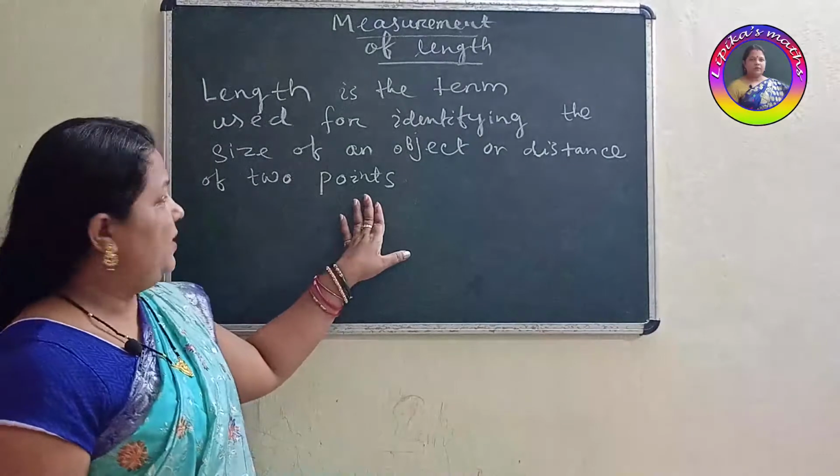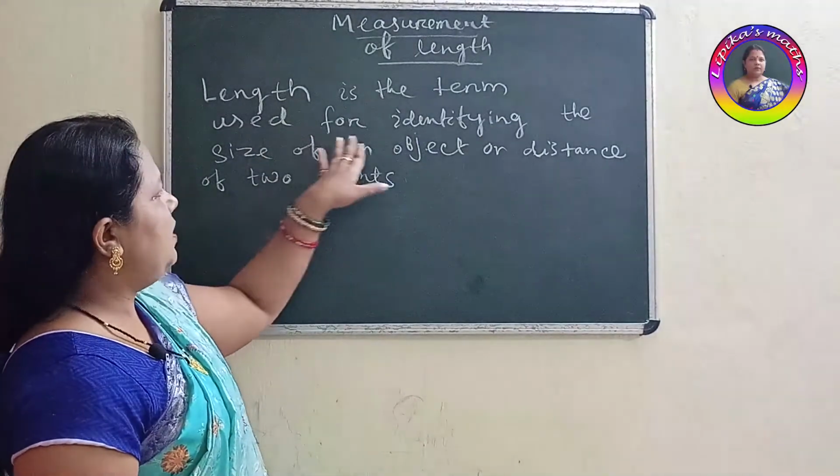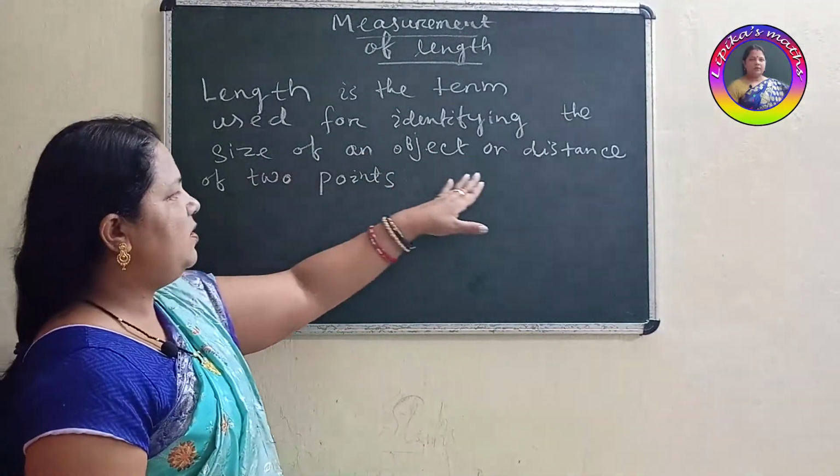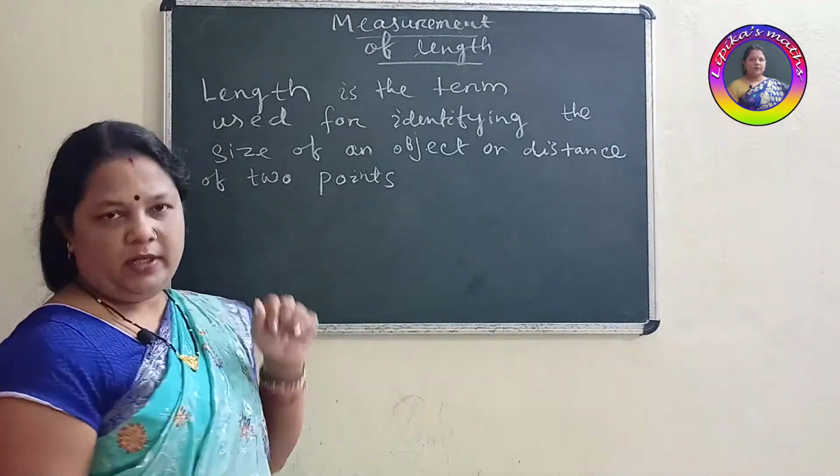What is length? Length is a term used for identifying the size of an object or distance of 2 points.